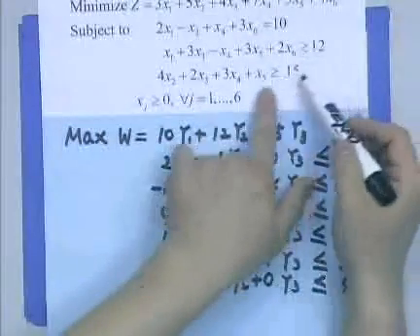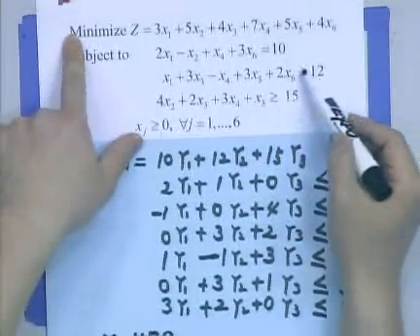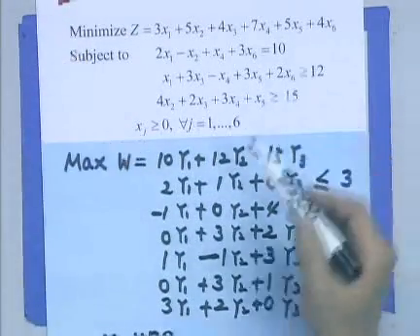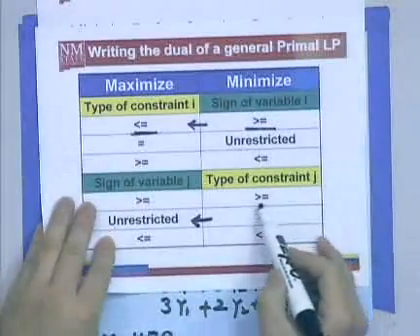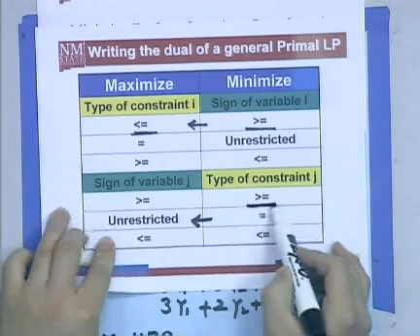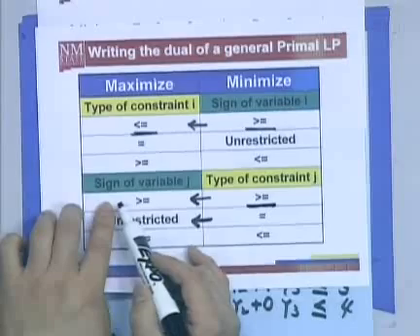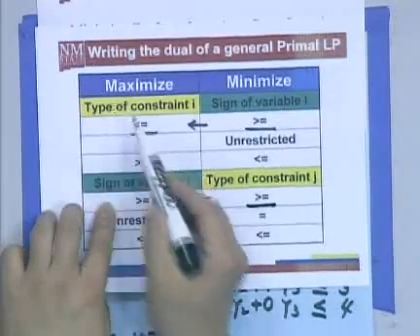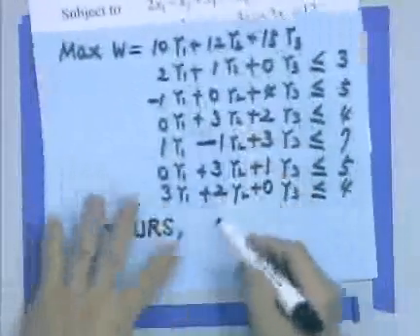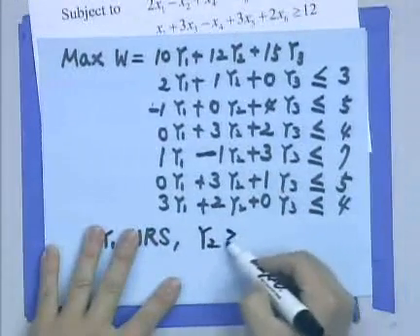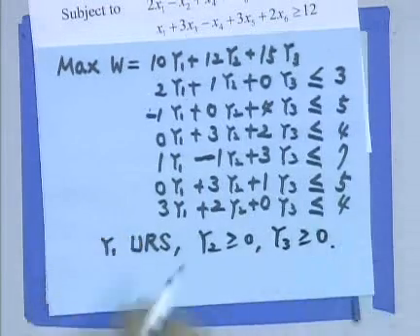And the second and third constraints in the minimization problem are greater than or equal to, which implies the second and third decision variables in the maximization problem should be greater than or equal to 0. So y2 and y3 must be greater than or equal to 0, right?